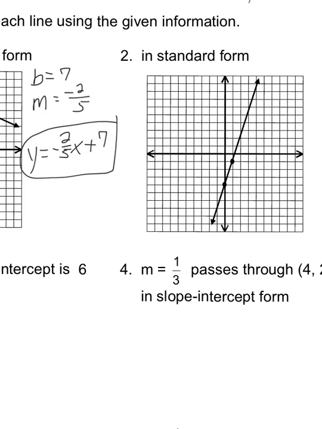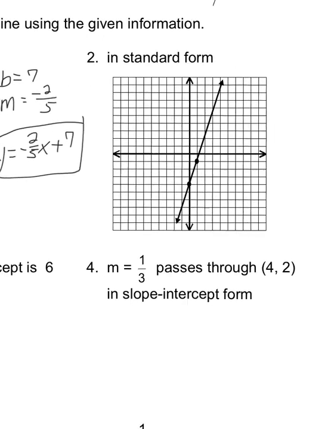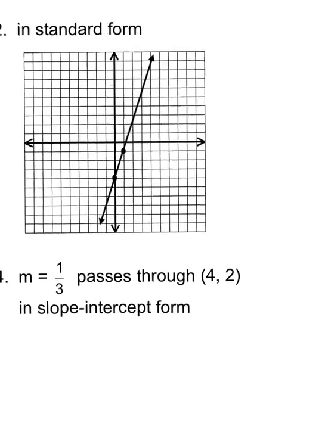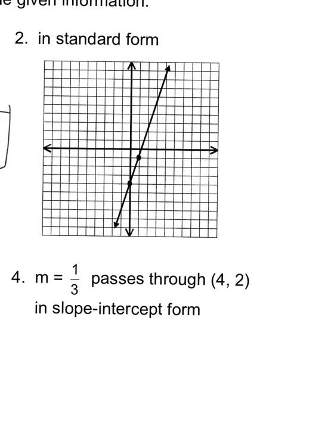Okay, moving on to number 2. Number 2 wants the equation for this line in standard form. So once again, we are going to get our y-intercept. And on this one, my y-intercept is negative 4.